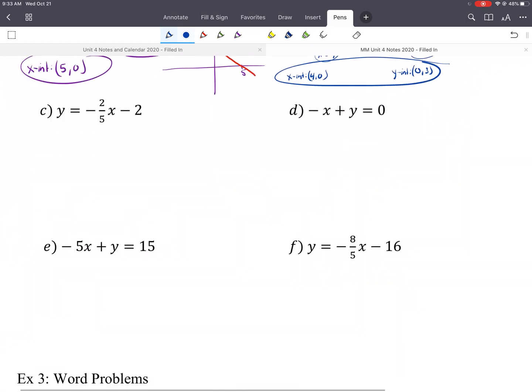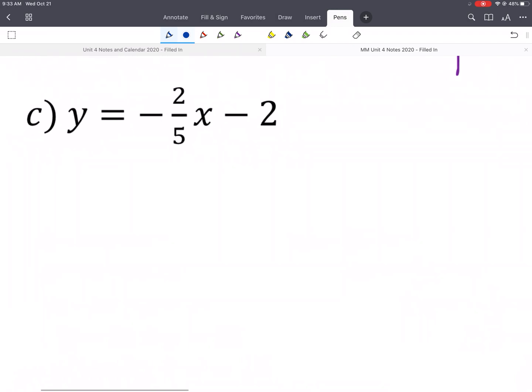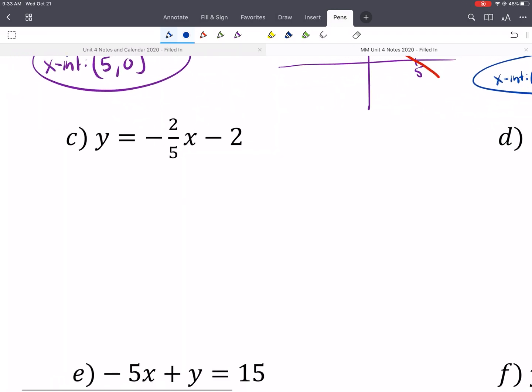All right, so here's some more. Maybe I will do C, and then I'd like you to try D, E, and F. Okay, so here, if we want to find the x-intercept, we know that y is equal to 0. So here we'd have 0 is equal to negative 2/5 x minus 2.